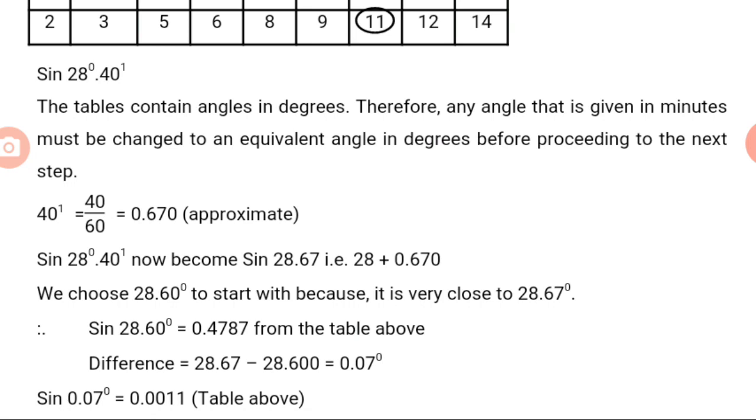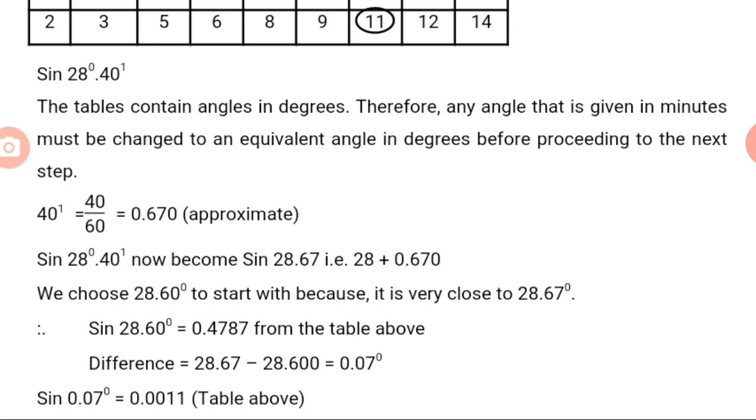Now, sine 28 degrees 40 minutes becomes sine 28.67 degrees.